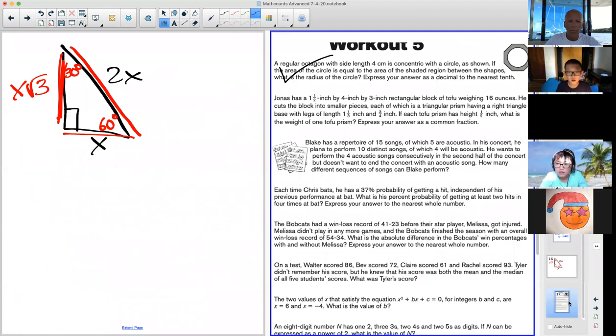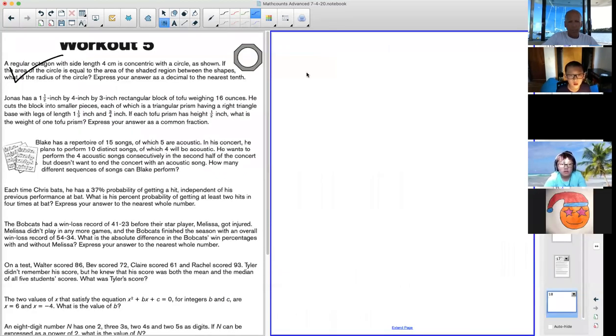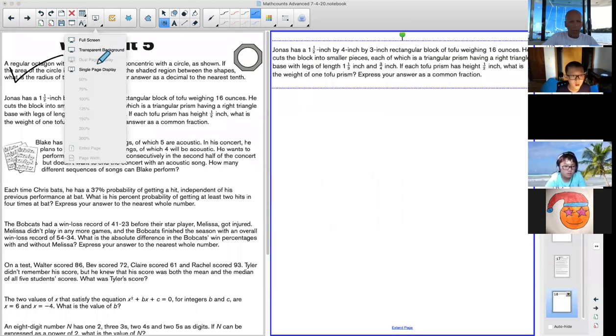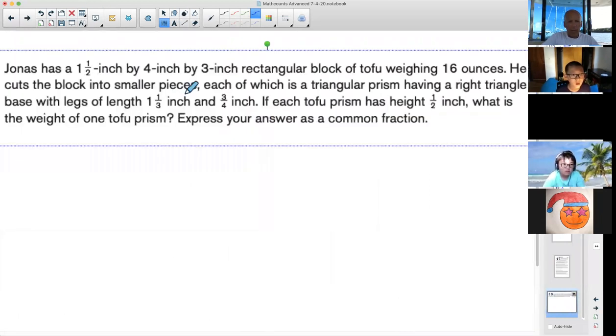Here we go. We did this first question. Great job. Now I'm going to copy this one, and we're going to move on to question number 2. Okay, I want you guys working on this one.